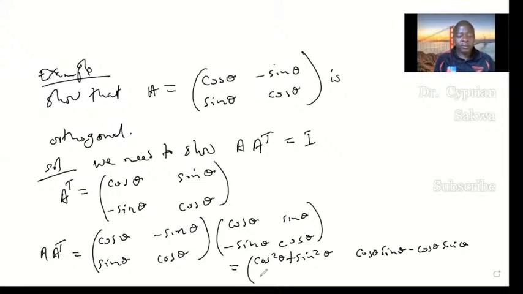I would have cos theta sin theta minus cos theta sin theta. This row and this column I would have sin square theta plus cos square theta.